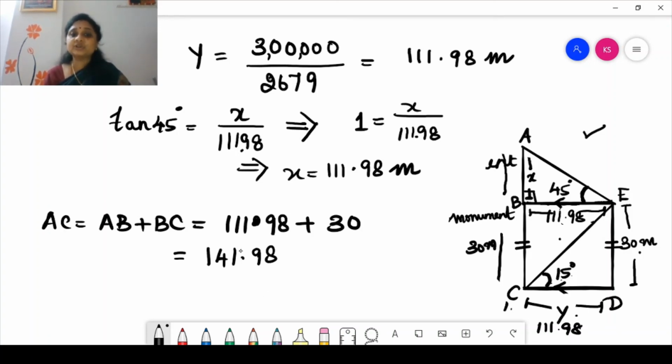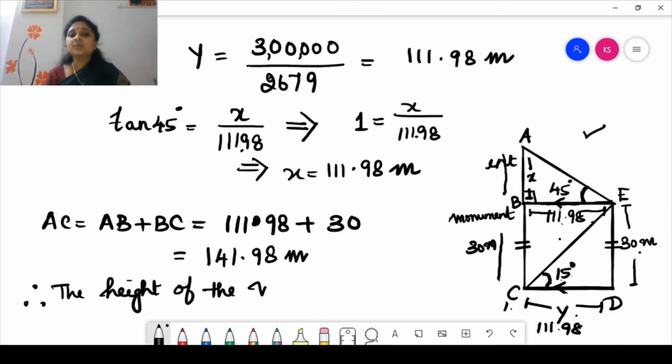So it's 141.98 meters. Okay, kindly avoid making such careless mistakes. So the final answer statement would be, therefore the height of the monument is equal to 141.98 meters.